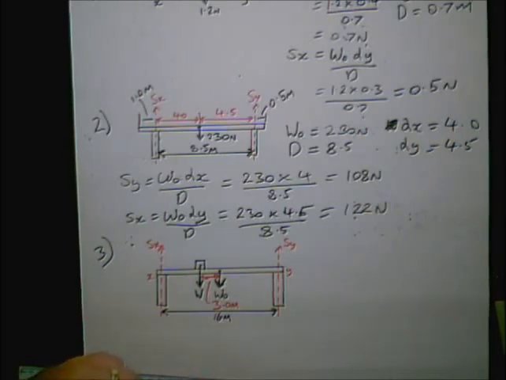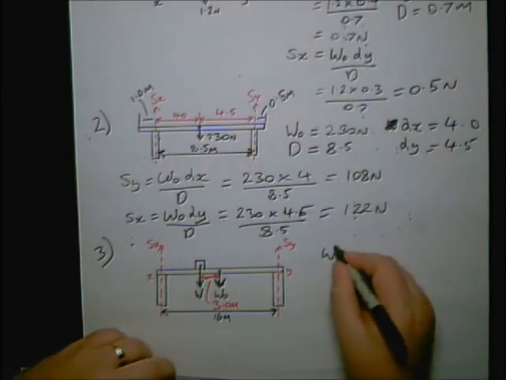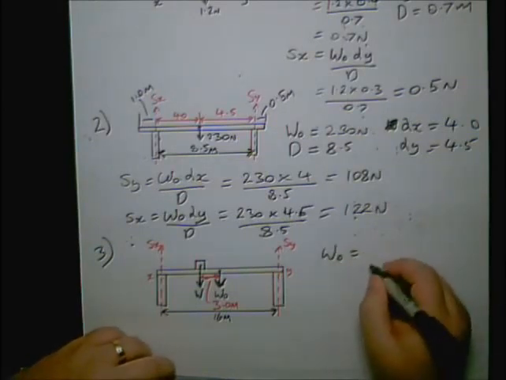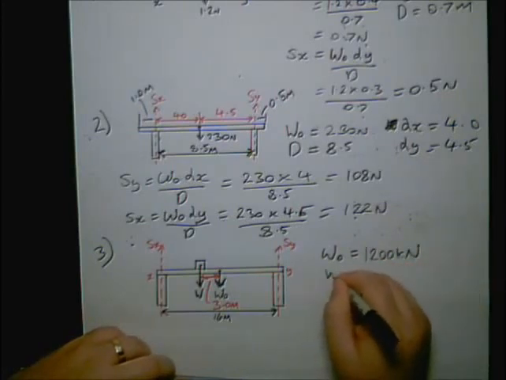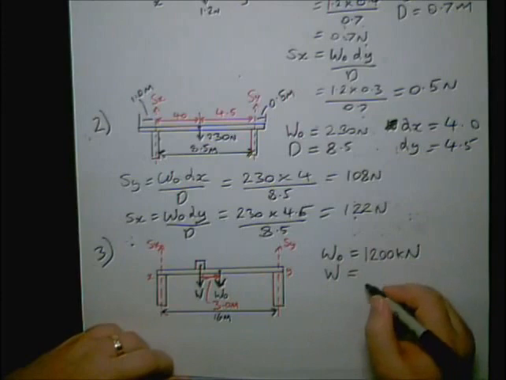We can also pick out other things we can get from the question. We can say that the weight of the bridge, start building our shopping list at the same time, is 1200 kilonewtons. The weight of the lorry is given as 60 kilonewtons.